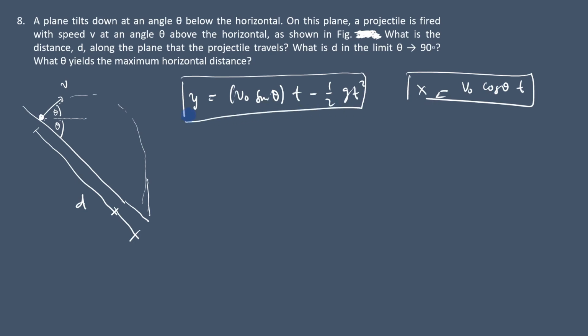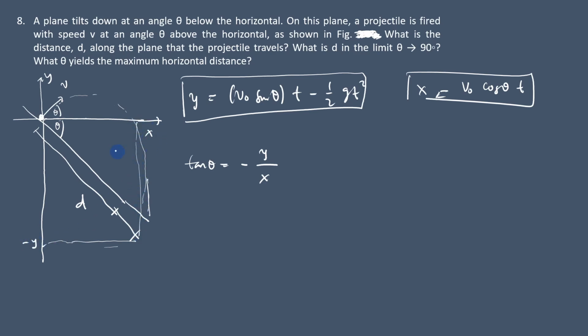And the projectile hits the plane when tan theta equals minus y over x. Tan theta is found by analyzing the coordinate y and the horizontal axis x; this is a minus y and this is x. So theta is given by minus y divided by x. This is the geometric analysis of the projectile hitting the plane.